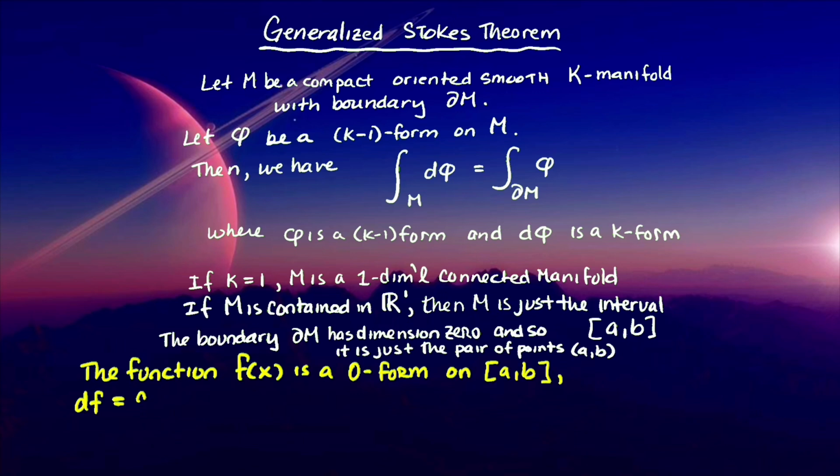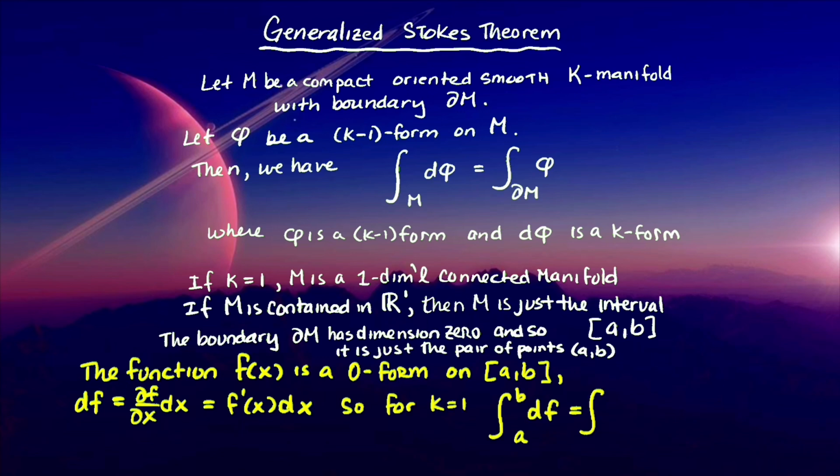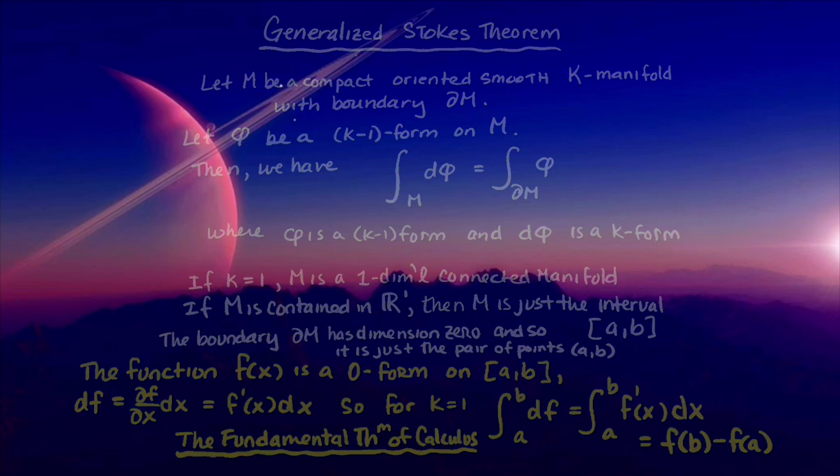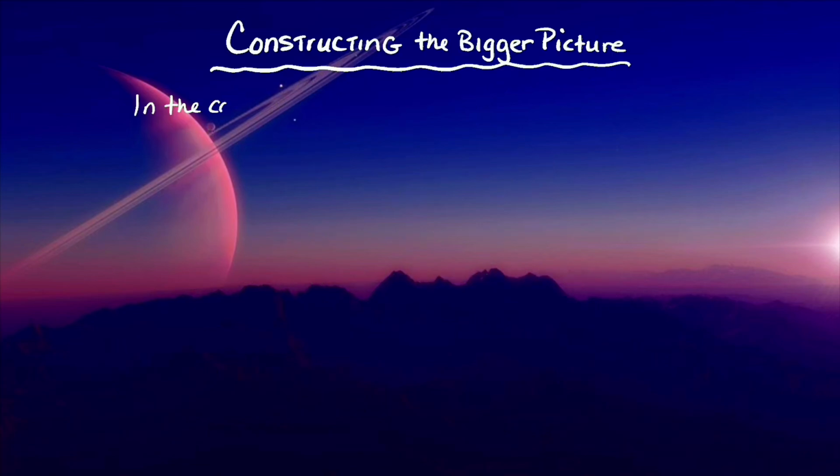So for a function f of x, which is a 0-form on the interval from a to b, the total differential df, which is given by df/dx times dx, or f prime dx, reduces to the fundamental theorem of calculus. But this doesn't naturally extend to higher dimensions without differential forms.